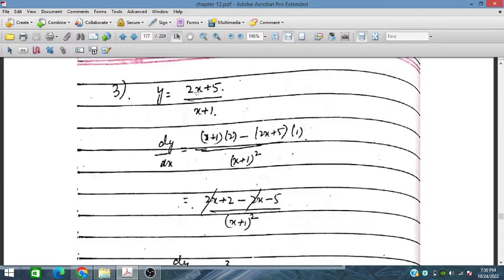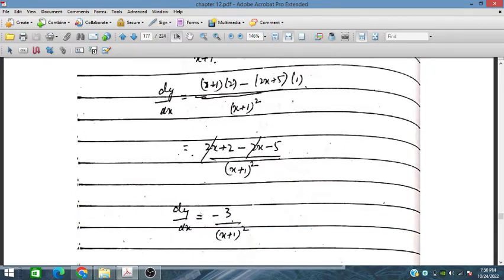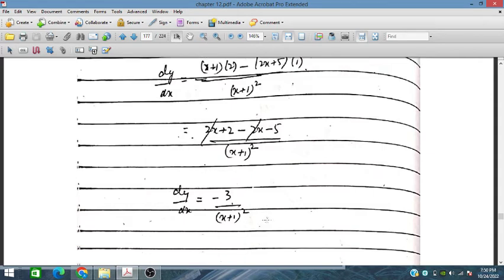This is y, 2x plus 5, x plus 1. So we take the derivatives. For the first derivative, dy by dx is equal to x plus, this is u, this is v. So we have taken out this, and dy by dx is equal to this.